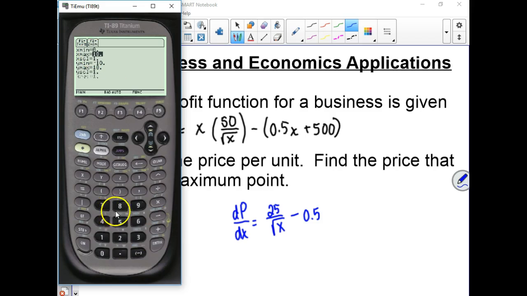I'm going to go to 50 for right now, and I'm looking for where this crosses the x-axis. This is still not enough, so let's go to 200. No, it's not. Let's go 3,000, just because I know what the answer is.